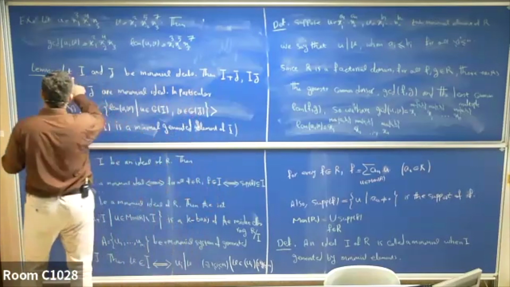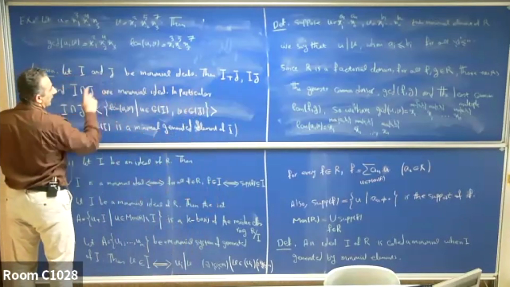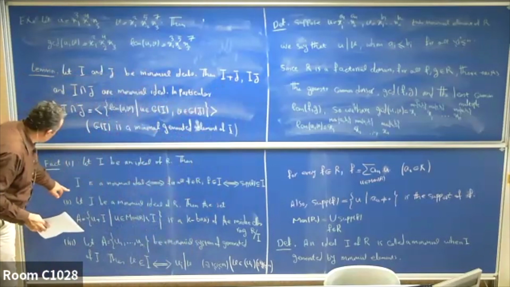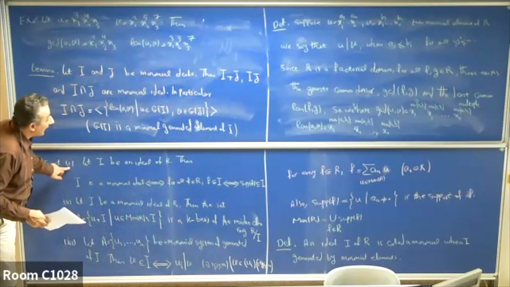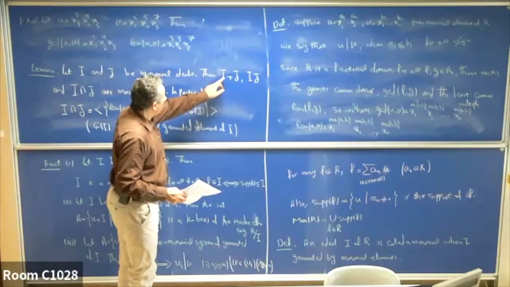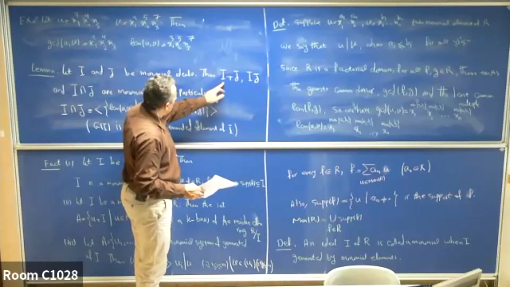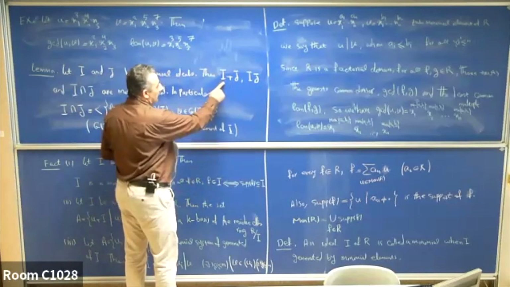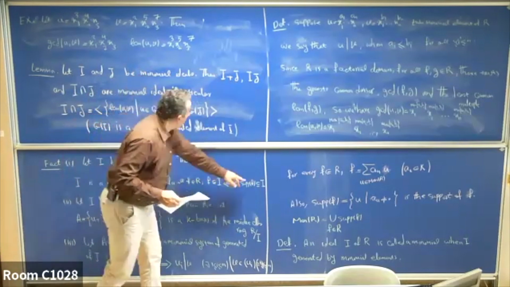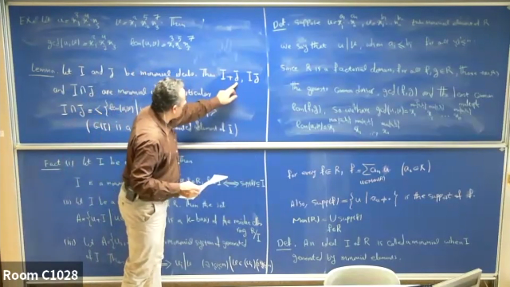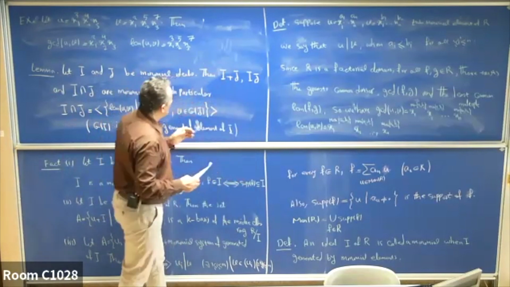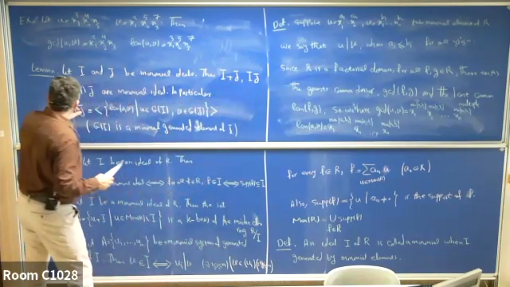For the proof, if I and J are monomial ideals, this is easy because we use the fact above. Write f as a sum of monomials, so the support of f1 is contained in I and the support of f2 is contained in J, and so the union of these supports is contained in the union. The same holds here.